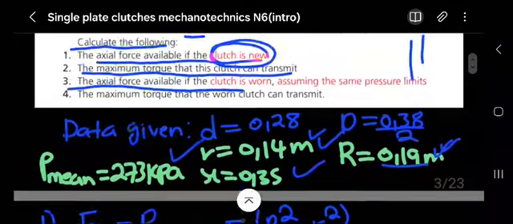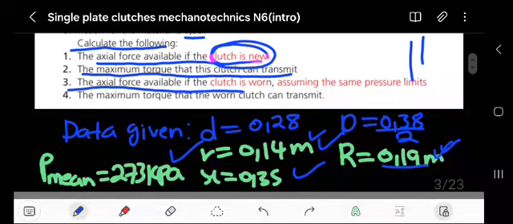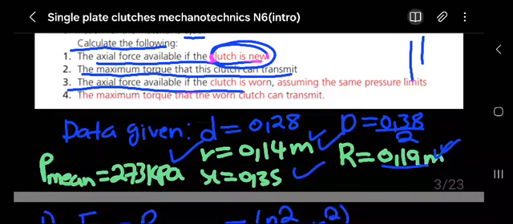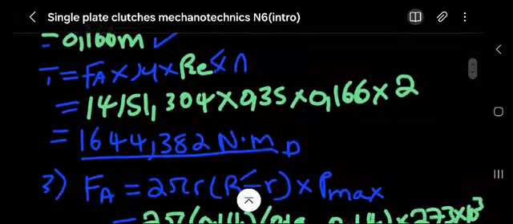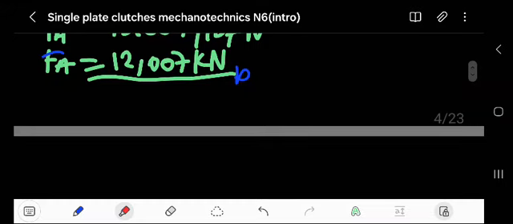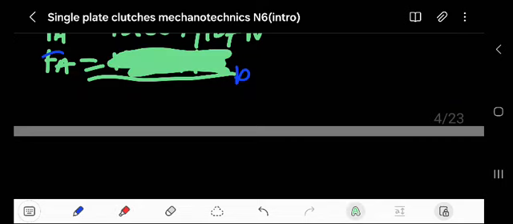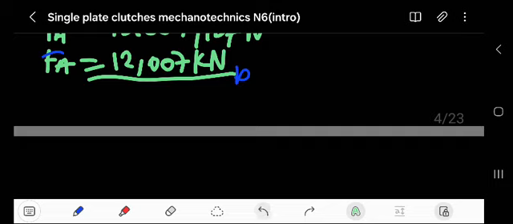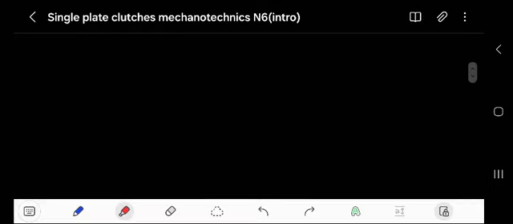Let's check number 4, the last question. The maximum torque that the worn clutch can transmit. Obviously, we already have the axial force for the worn clutch. We've calculated it, and we'll use the one that we've calculated here. So number 4, they want the torque. The formula does not change for torque.